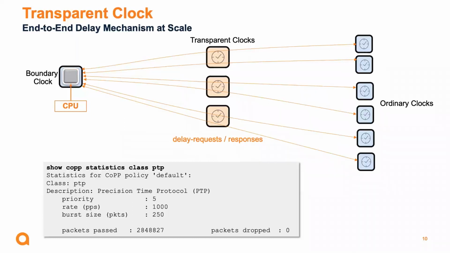So you have to be very careful manipulating the COPP parameters. To avoid that, there's another option, which is to reduce the number of delay requests and responses that reach the boundary clock, that reach that CPU.